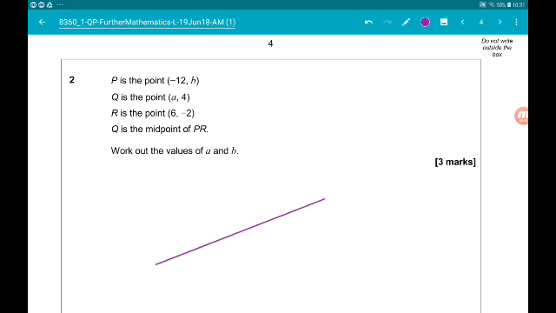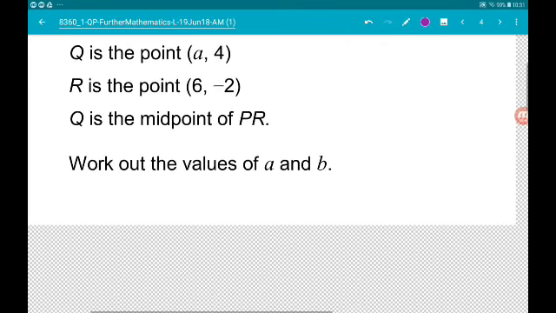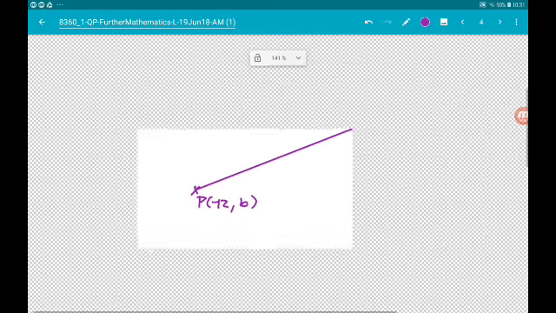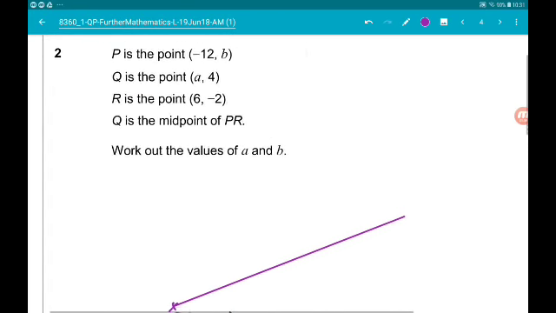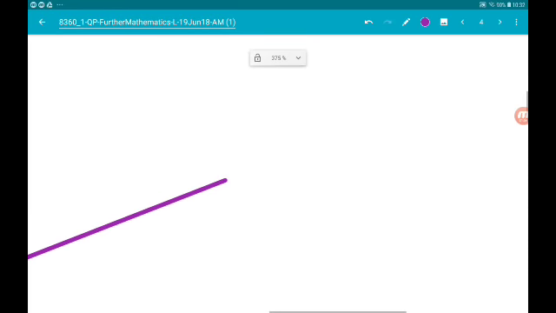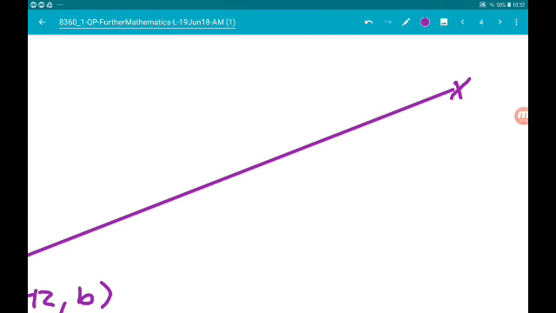So P is (-12, b), so let's put that down here. Then we know that Q is the midpoint of PR, so if we're putting R over here, then Q is somewhere here in the middle.